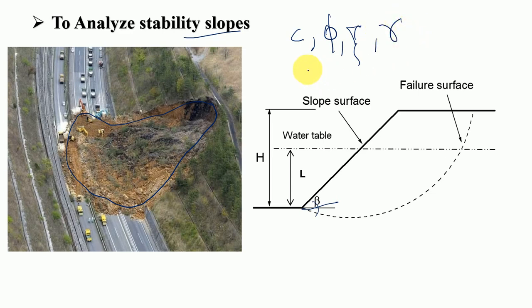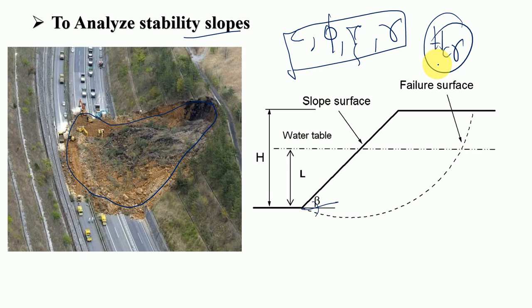By knowing these parameters we can find at what height the slope is stable. What is the critical height? We will get the critical height, after which it fails.